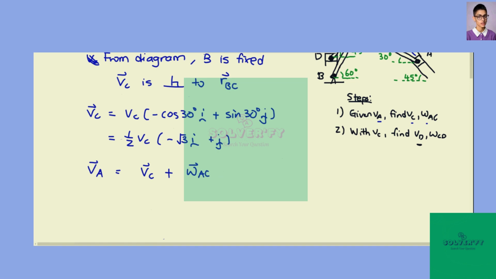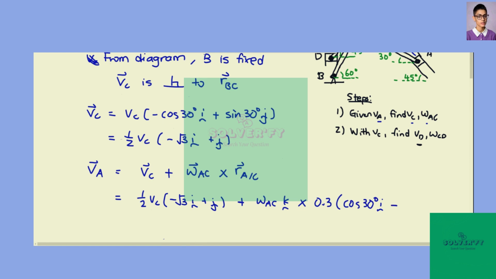VA equals to VC plus omega AC cross R, A relative to C. So this is equal to half VC minus root 3I plus J, and then omega AC we assume to be positive for now, and then RAC is 0.3 cosine 30 degrees I minus sine 30 degrees J.